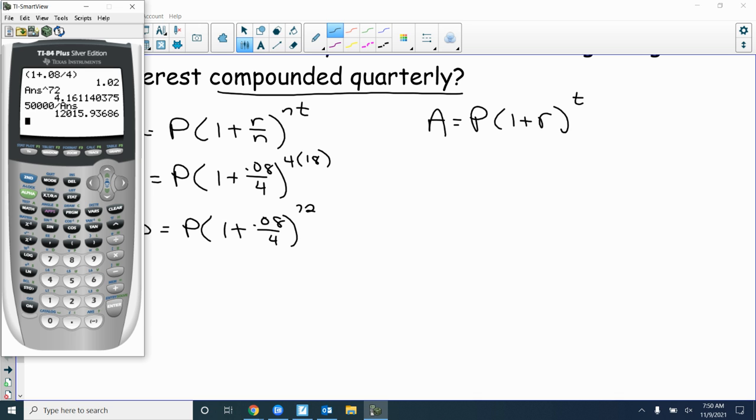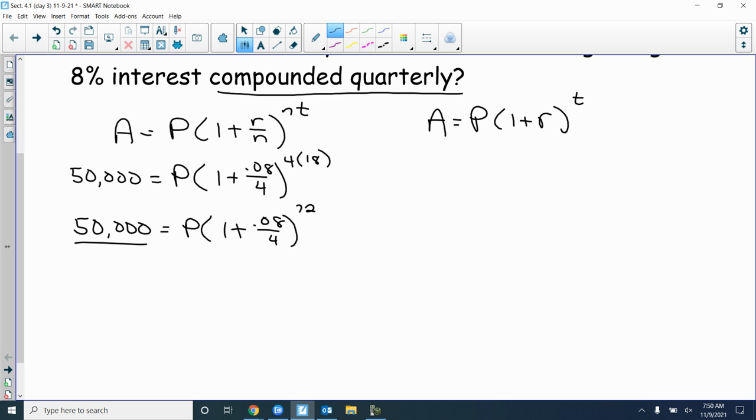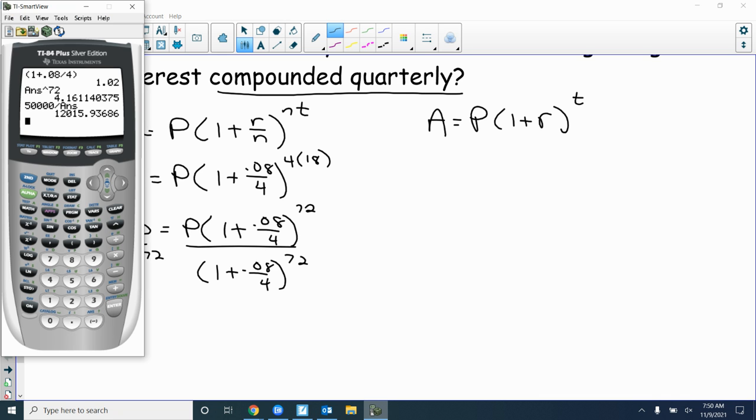Or you can divide 50,000 by 1 plus 0.08 over 4 to the 72nd power. You can do that as well.